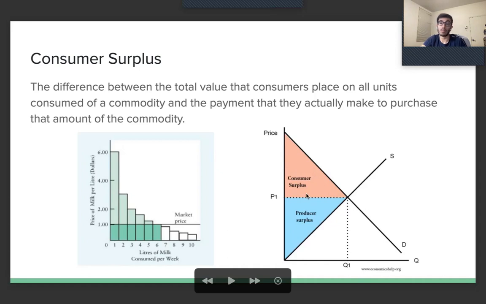Yeah, and we'll get to producer surplus in a bit, but it's the same idea. It's the difference between the value a producer puts on a particular quantity minus the value that the producer actually receives from the consumer. So that's the price. So it's basically the difference between the point on the curve minus the equilibrium price for all the points until equilibrium.